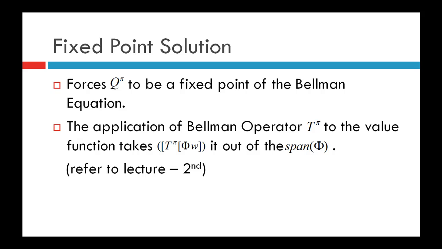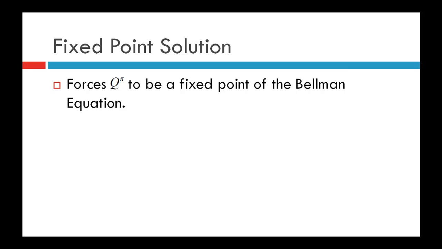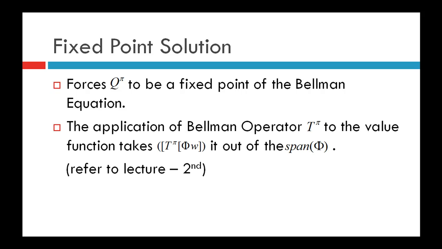So the application of T pi to phi W takes the resulting vector out of the span of phi, and therefore we project this vector back onto the span of the matrix phi.